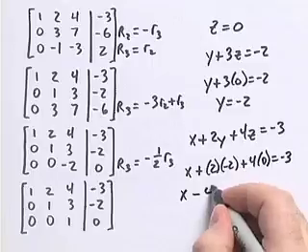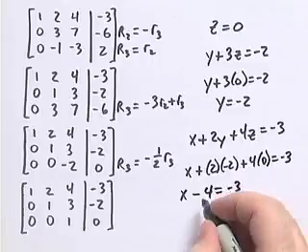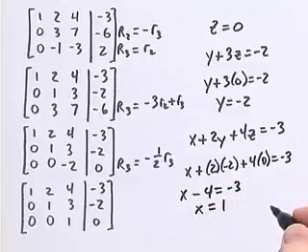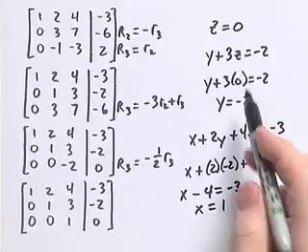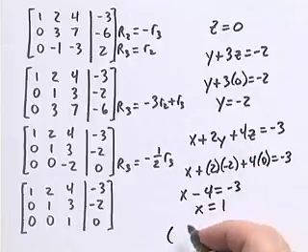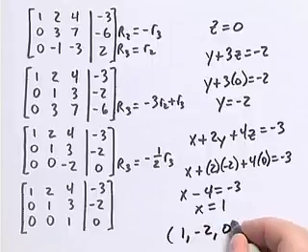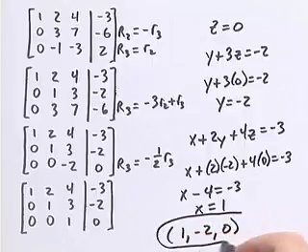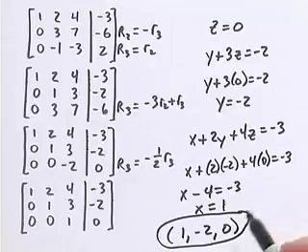So that gives us x minus 4 equals negative 3, or x is equal to 1. Now we know the values for x, y, and z, which gives us our ordered triple solution, 1, negative 2, 0. Remember, you should go back to the original system of equations and verify that this is indeed the solution and it satisfies all three of the equations.